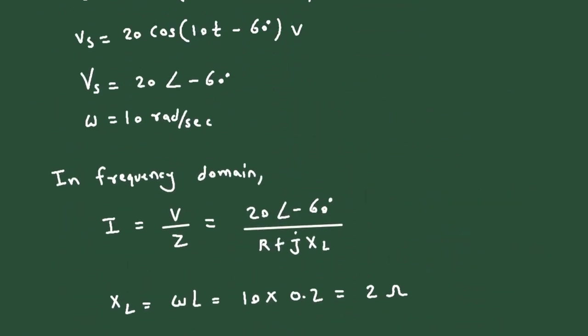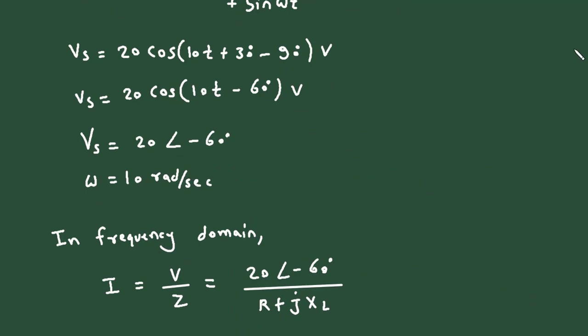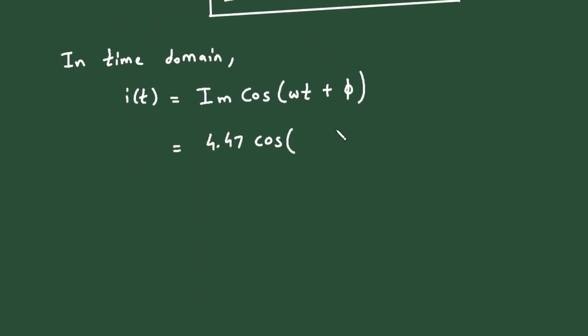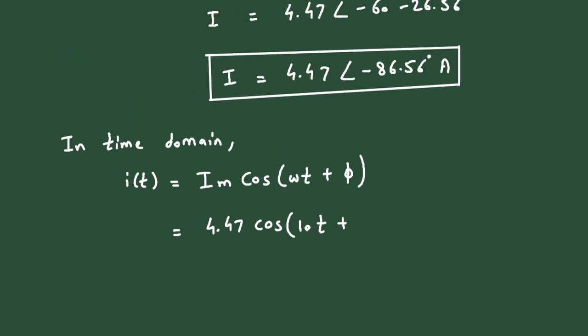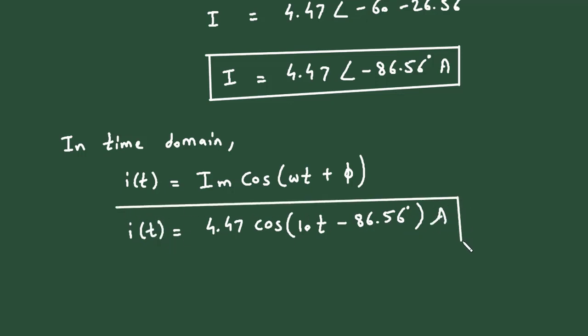The value of omega here we can see it is 10 radian per second. So 10t plus the value of phi. The value of phi here is minus 86.56 degree, and since it is current, so its unit will be ampere. So this is the value of current.